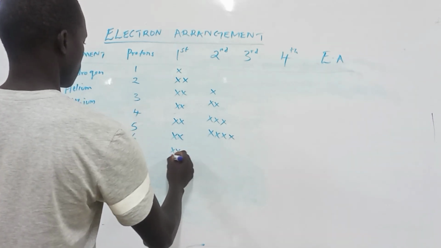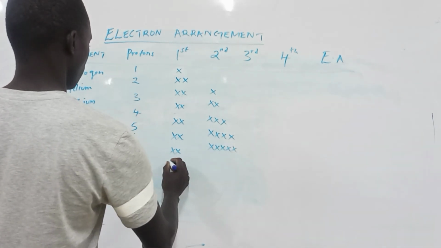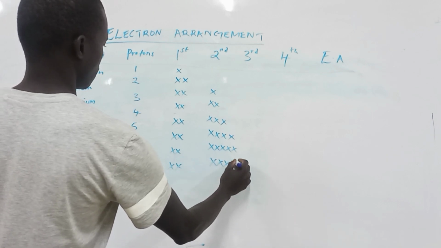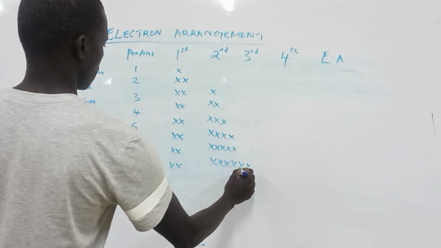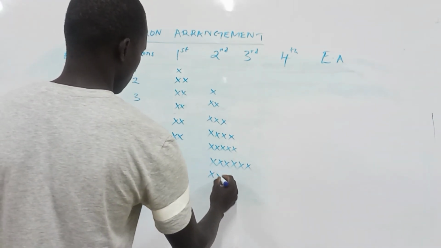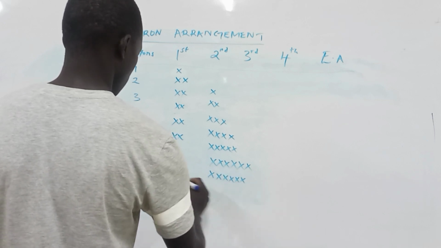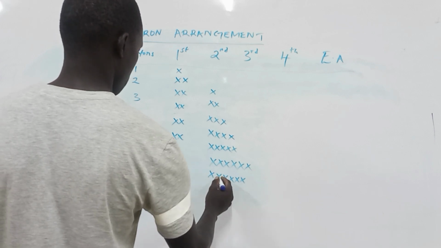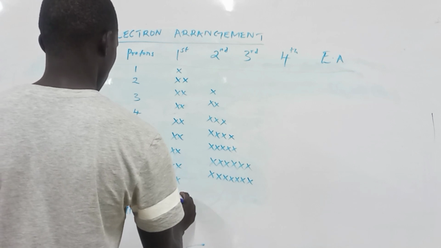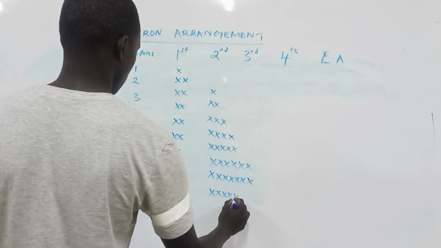Nitrogen, 2 and 5. Oxygen, 2 and 6. Fluorine, 2 and 7. Neon, 2, the remaining 8 in the second energy level.